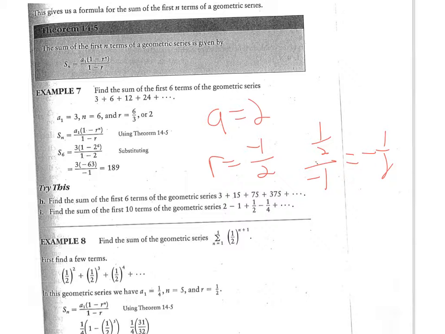So then let's do the setup here. The first term is 2 times 1 minus negative 1/2 raised to the 10th power, all over 1 minus negative 1/2. And let's see, what do we got? Well, 1/2 to the 10th. What is 2 to the 10th?